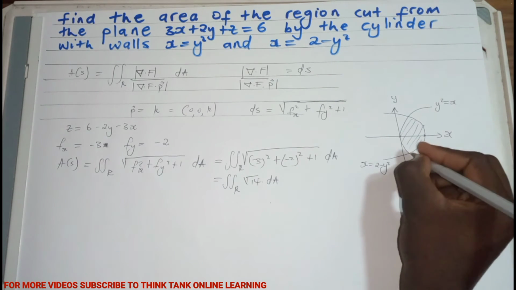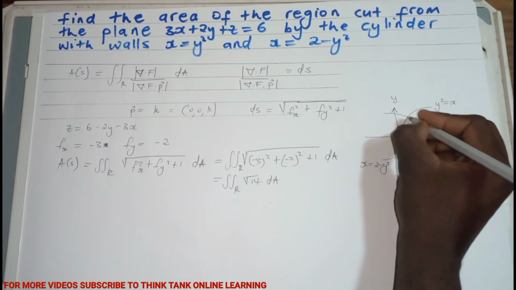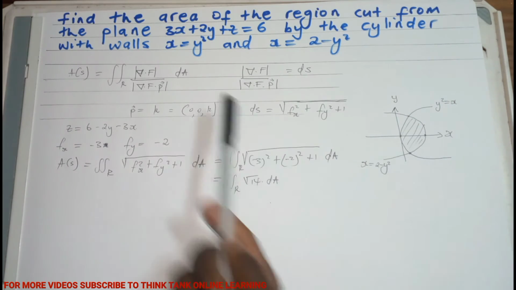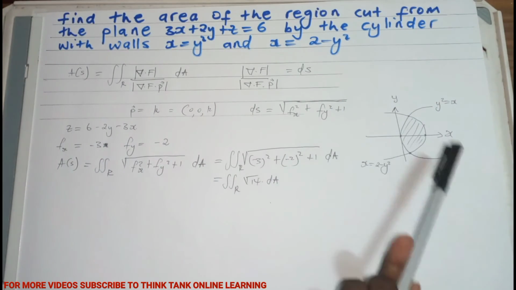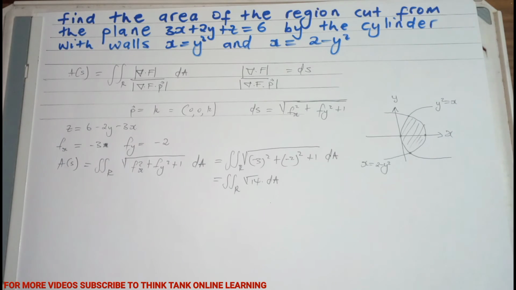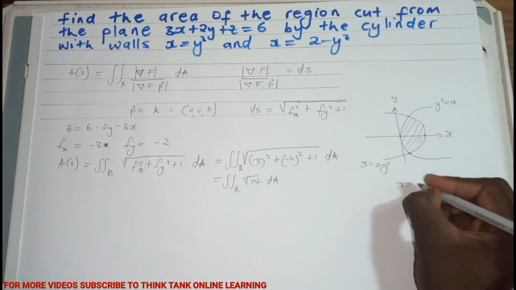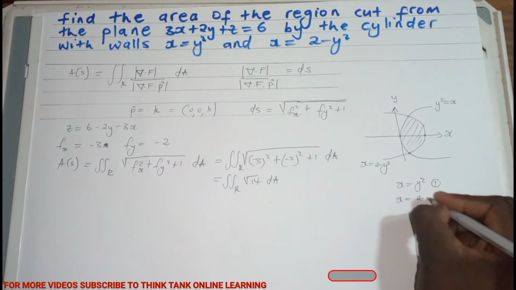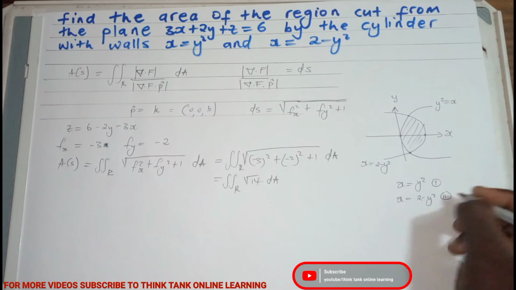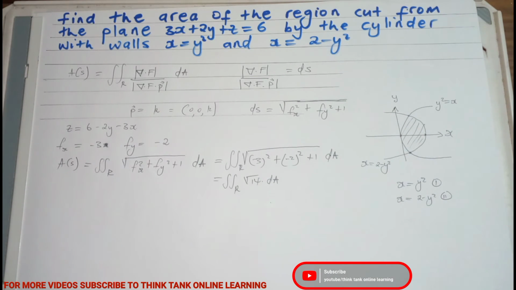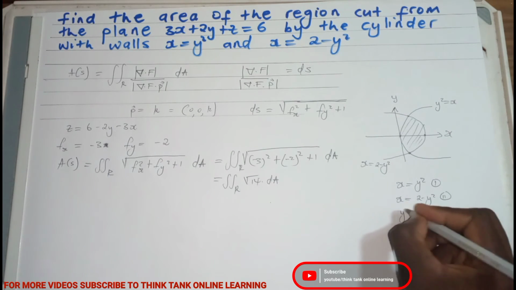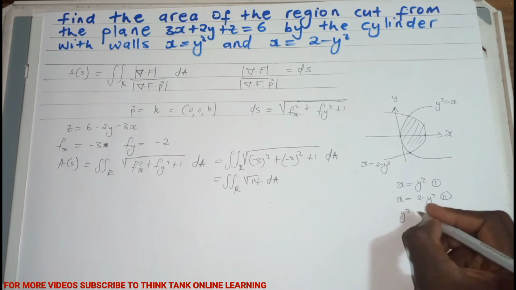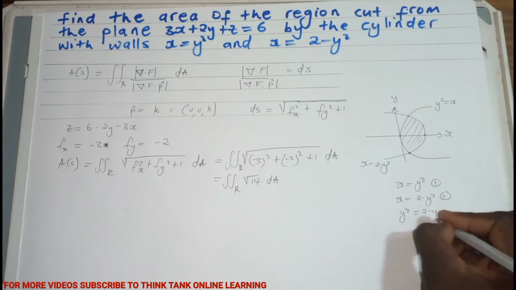But we have to find the value of y here and here. We're already given the limits of x, but we're not given the limits of y. So if we solve these equations simultaneously, let me write them here. x = y², that is the first equation. x = 2 − y², that is the second equation. I'm going to equate equation 1 to equation 2: y² = 2 − y².